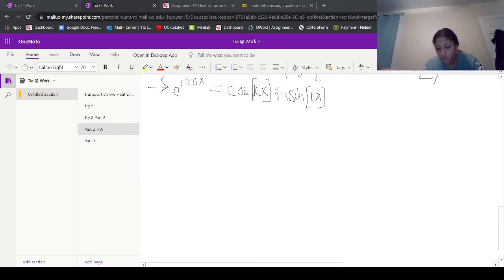Okay, so what we have is, okay, so I'm going to pause. With our algebra knowledge that we have obtained from our many years in our education, we're going to take this Euler's equation.